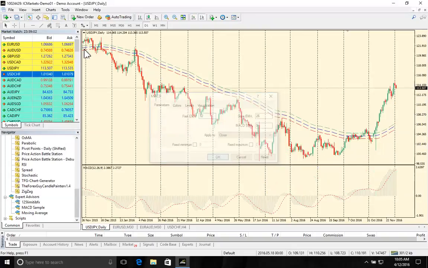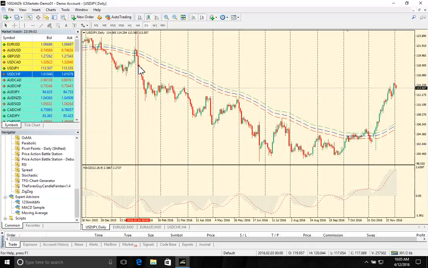Can you explain this interest component again? Okay, so the way interest rate works is you always trade a currency pair. One country will have a higher interest rate, the other one will have a lower interest rate. Whatever the difference is, either you will pay or you will collect.